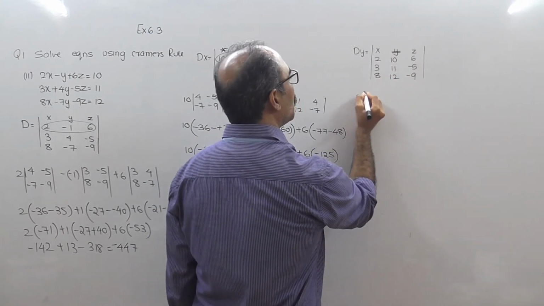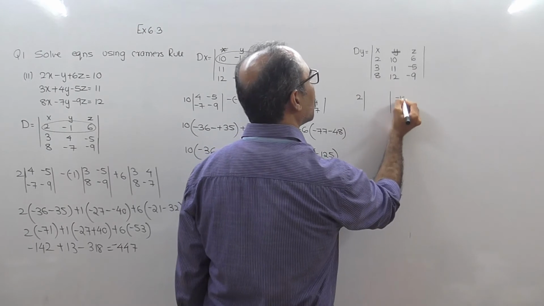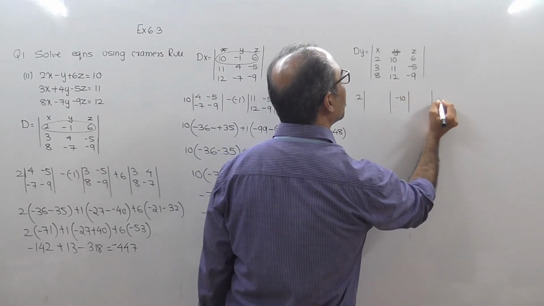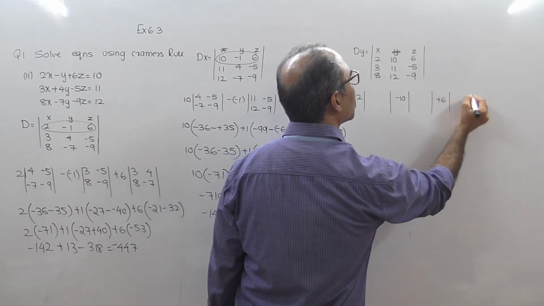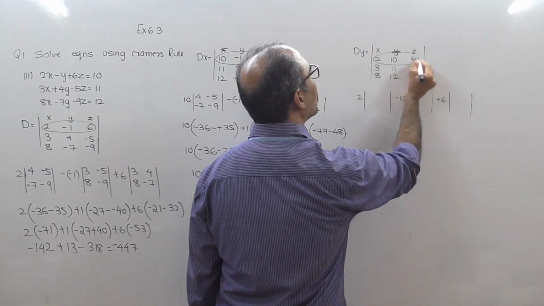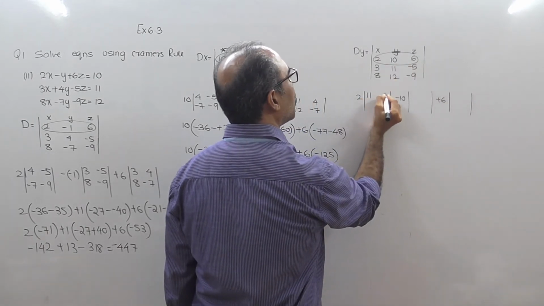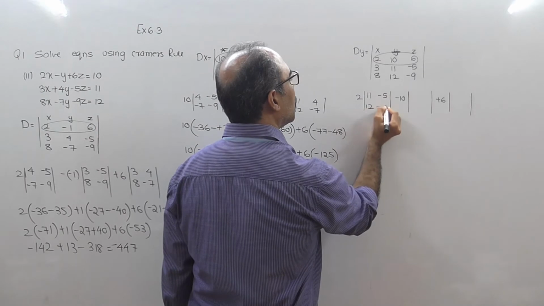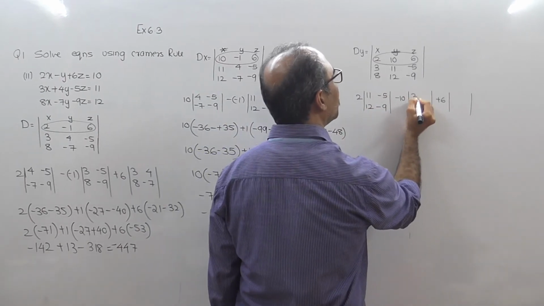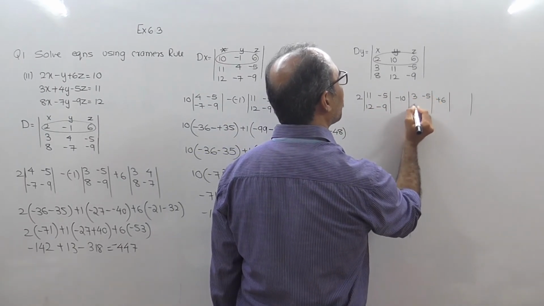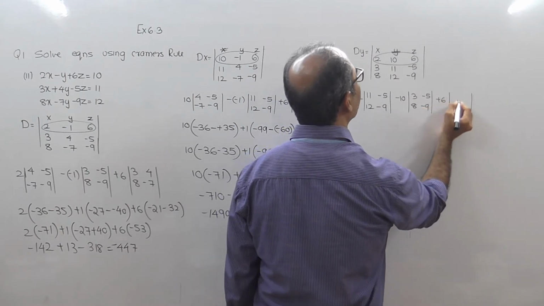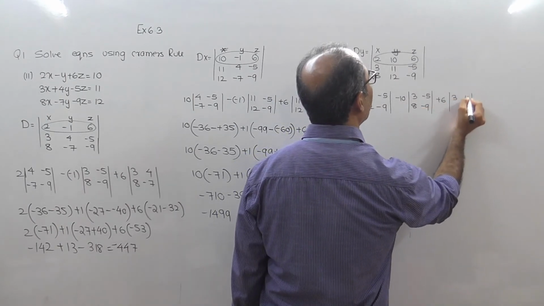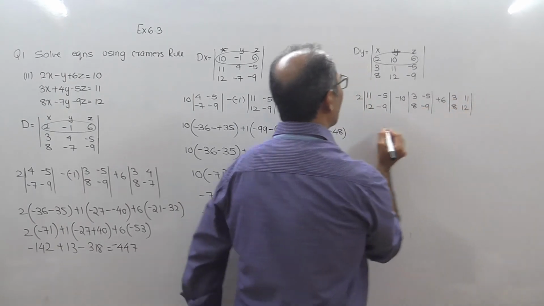So this is 2 determinant minus 10 determinant plus 6 determinant. 2 means this is 11 minus 5, 12 minus 9, minus 10 means this is 3 minus 5, 8 minus 9, 6 means this is 3, 11, 8 and 12.